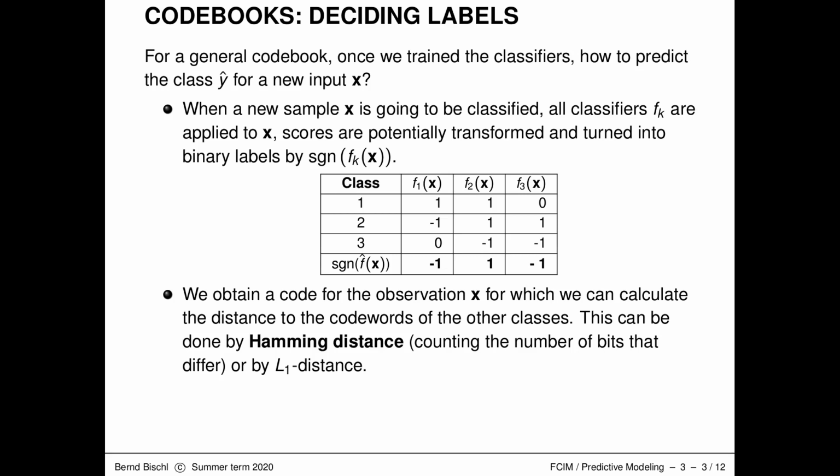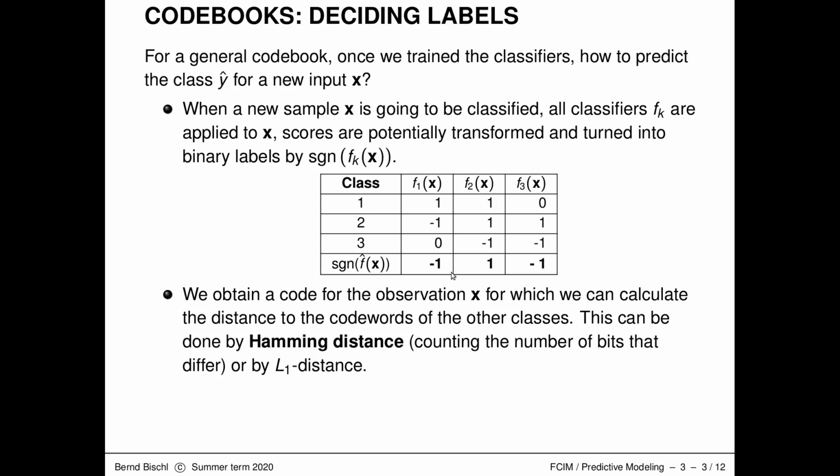If it's scores, we transform them by thresholding into +1, -1 labels. So for a certain X, we will now create a certain output code word here, and we now have to compare this code word against all of the available code words contained in our codebook. And it seems to be quite intuitive.